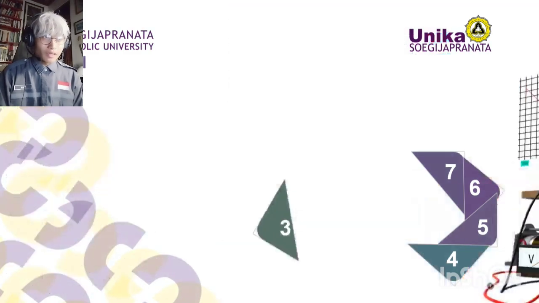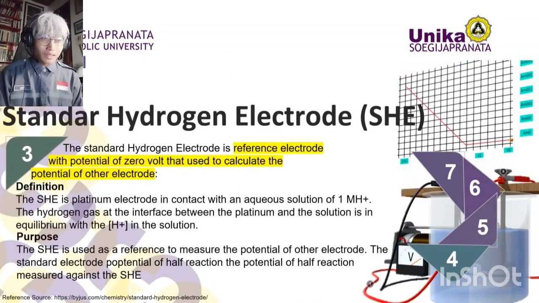So, the standard hydrogen electrode. Thirdly, the standard hydrogen electrode is the reference electrode with a potential of 0 volts, used to calculate the potential of other electrodes. The definition here is that the standard hydrogen electrode is a platinum electrode in contact with an aqueous solution.